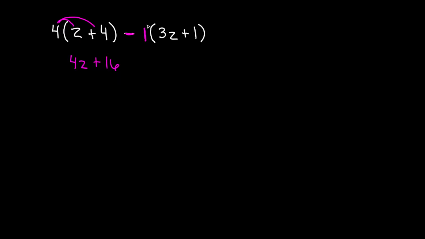So now negative 1 times 3z is negative 3z, and negative 1 times 1 is going to give us a minus 1. And we can combine like terms again. 4z minus 3z just gives us z. And 16 minus 1 gives us plus 15. And that's our answer.